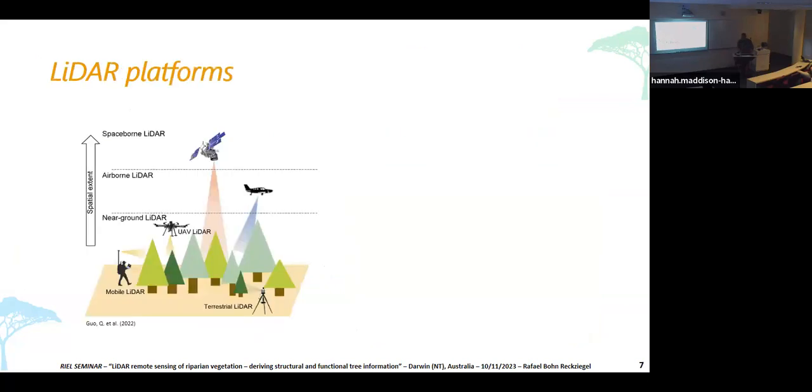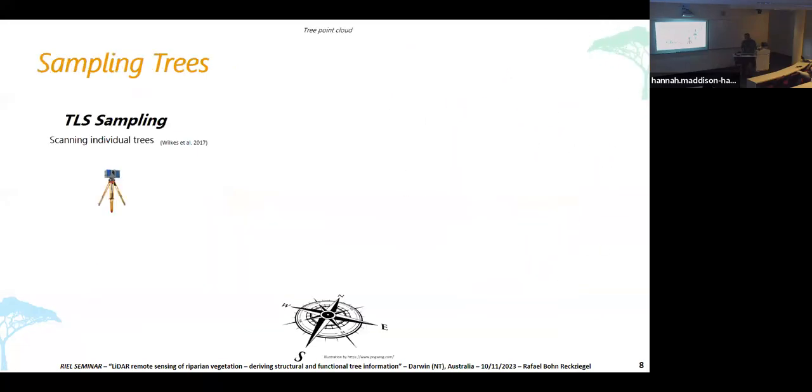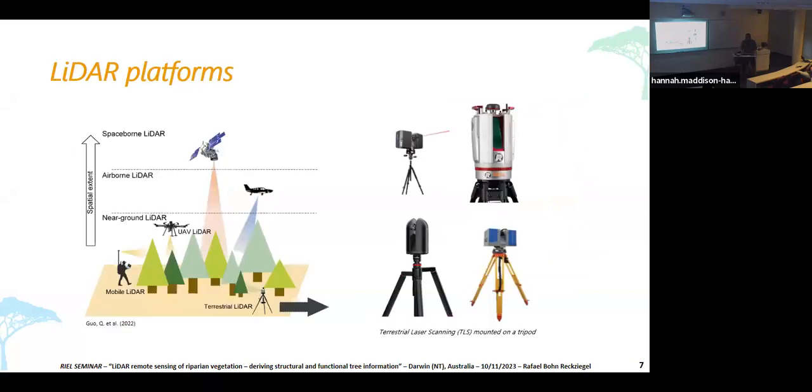So here again, you can see a figure, and LiDAR comes with different capabilities on different platforms, and is also spread across a spatial extent from ground to near ground, airborne and spaceborne LiDAR. And during my PhD, I just worked with terrestrial LiDAR.